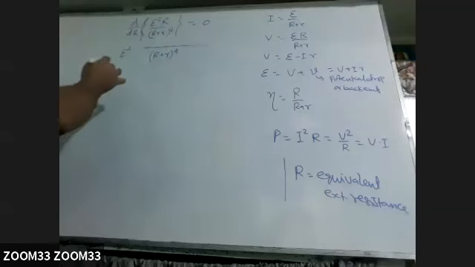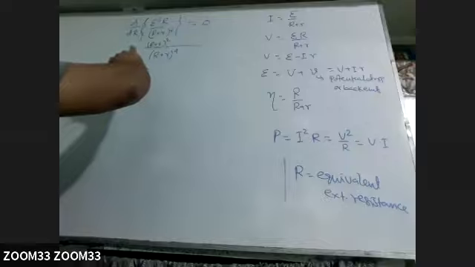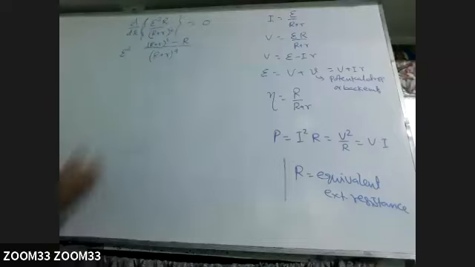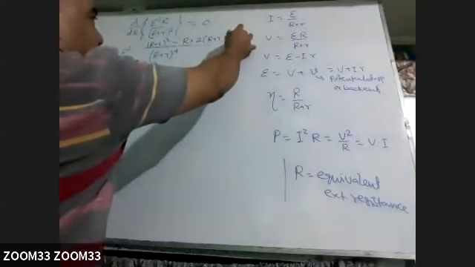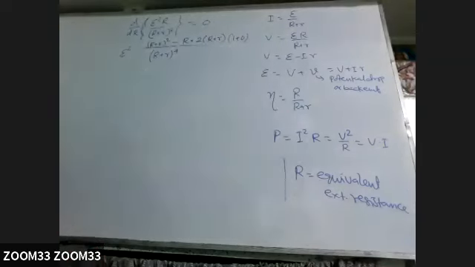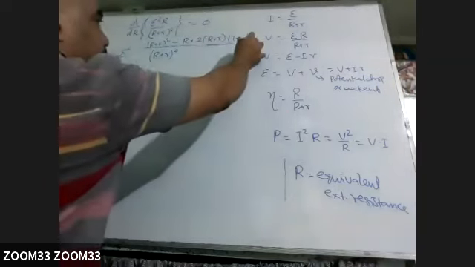Up: (R plus r) whole square minus R into the differentiation of (R plus r) whole square, which is 2 (R plus r), and dR by dR is 1, plus 0 will come. So this must be 0.